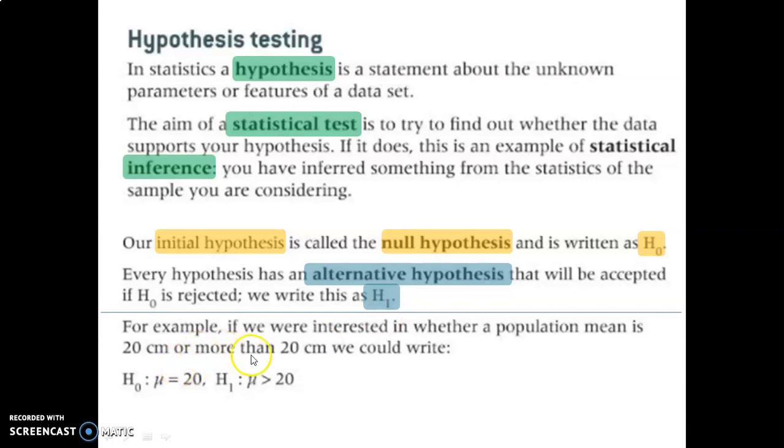So here's an example. Let's say we wanted to know about the mean of a population. And we are wondering if the mean is actually 20 centimeters. Or is it more than 20? So we could write the null hypothesis as mean equals 20, and the alternate hypothesis as mean is greater than 20. And then we can take a sample and do some testing and see if this is true or not.